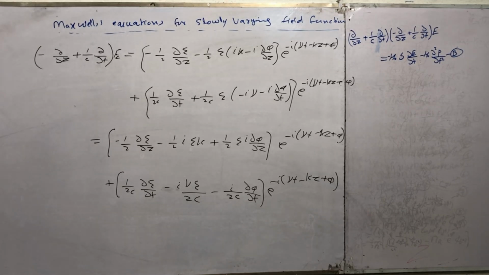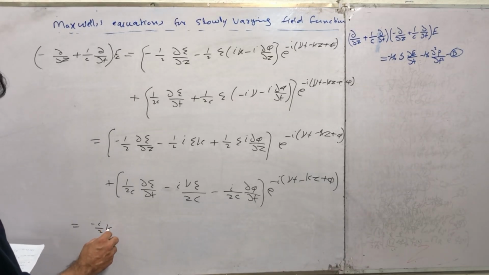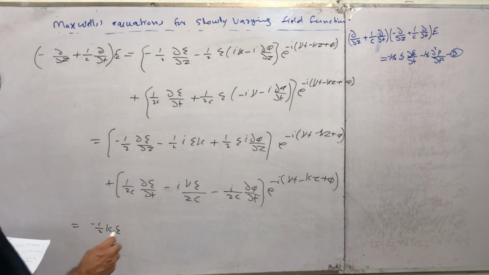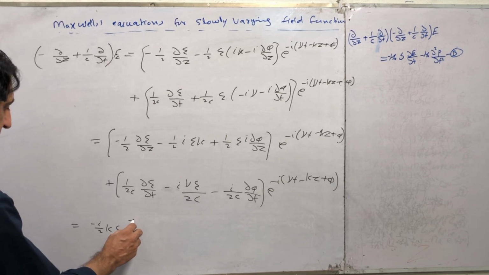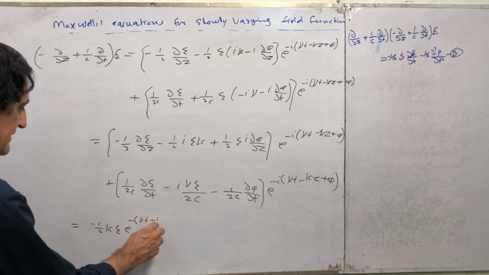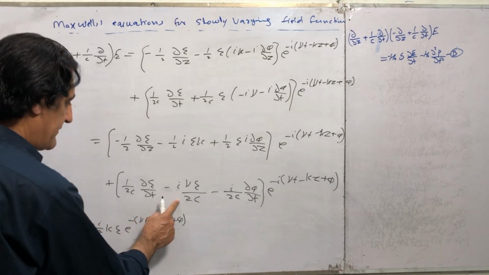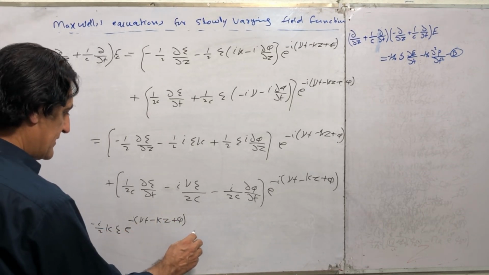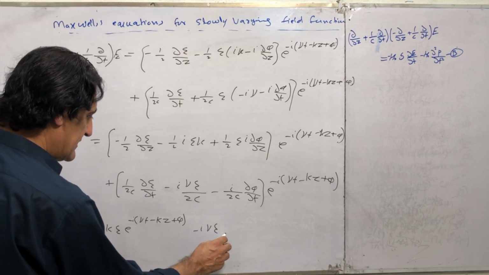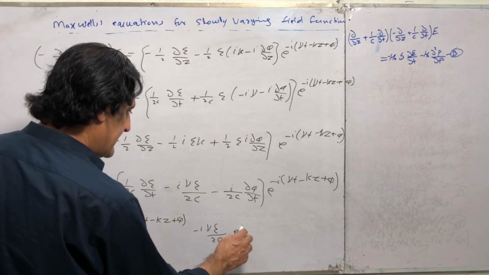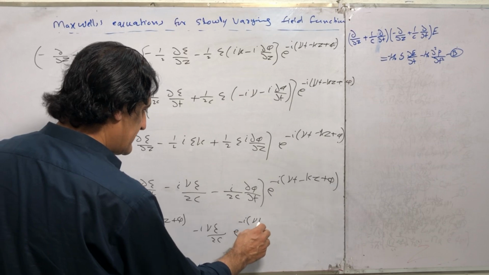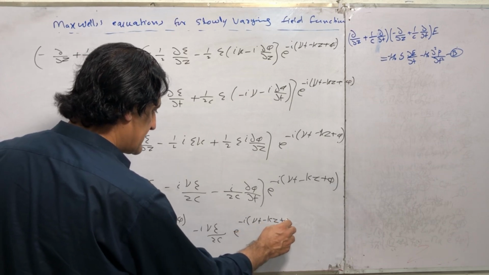So we have the values iota divided by 2 k e and e to the power minus iota nu t minus kz plus phi. And from here we have the value minus iota nu e divided by 2c and e to the power minus iota nu t minus kz plus phi.